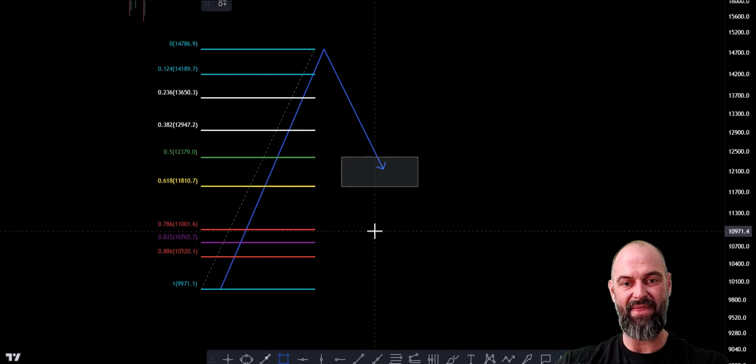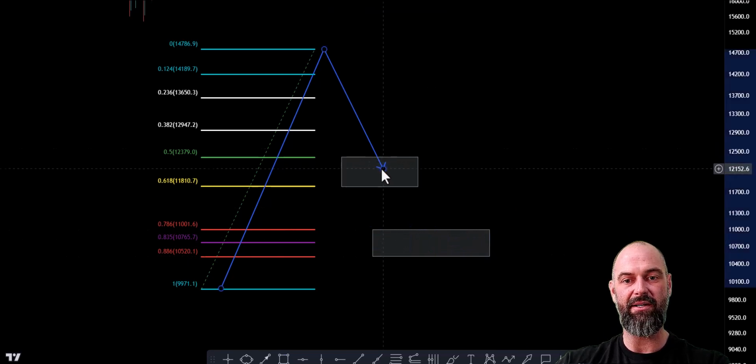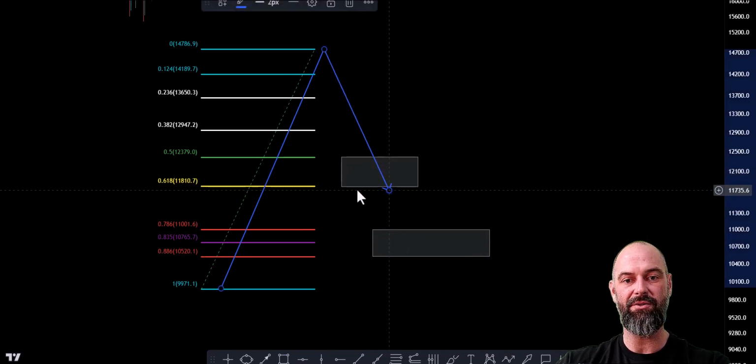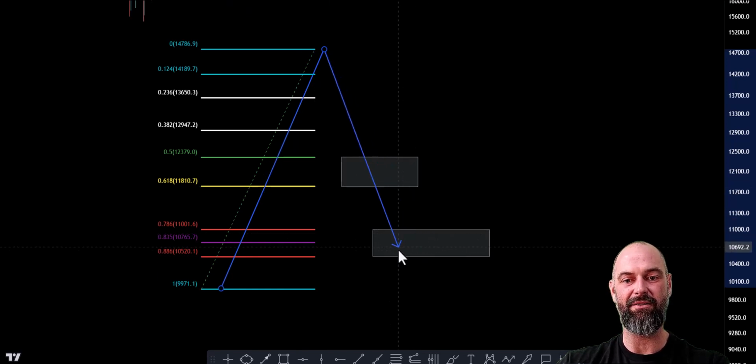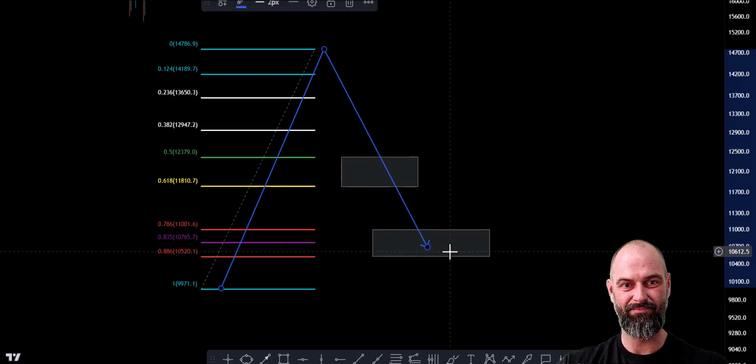Right? So you would map that out. So you map this out, okay? You have your two areas. Now, if this closes, chances are it's coming down to here for the strongest entry possible.